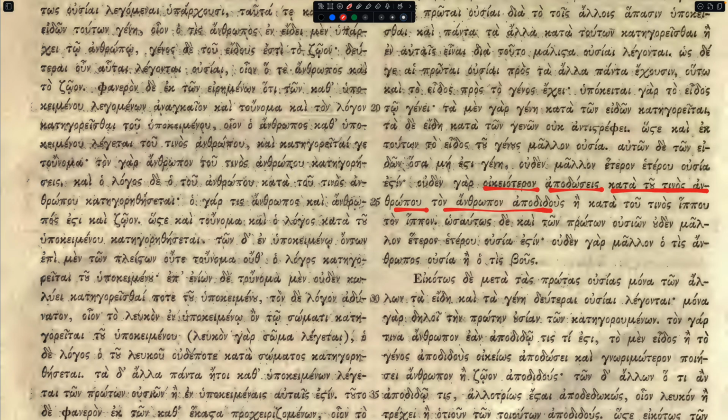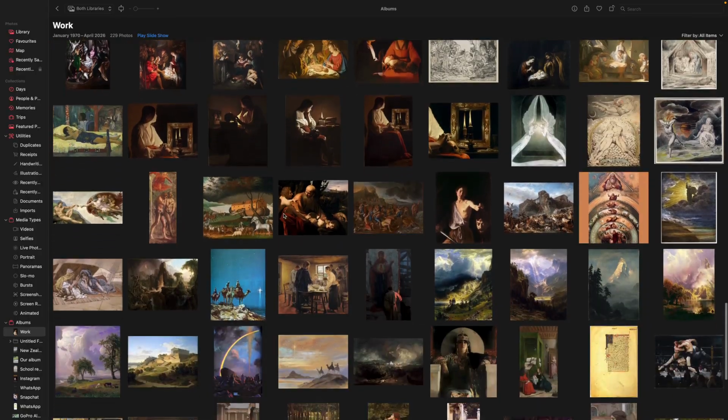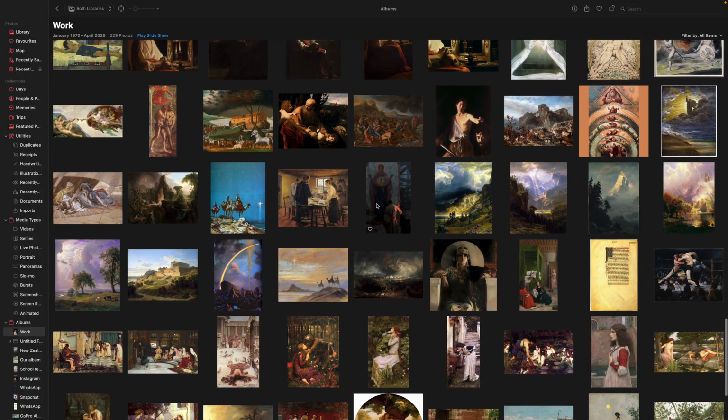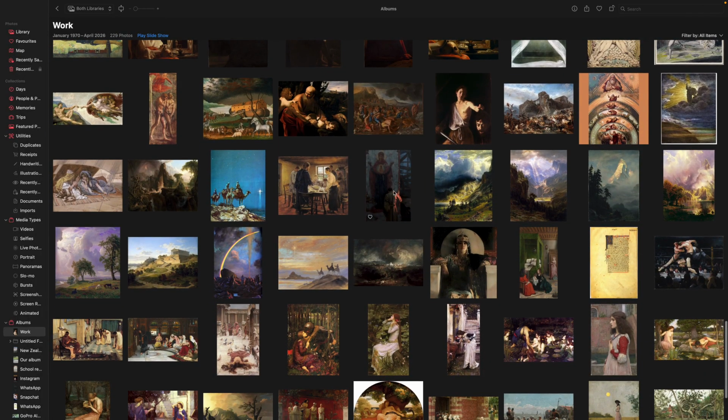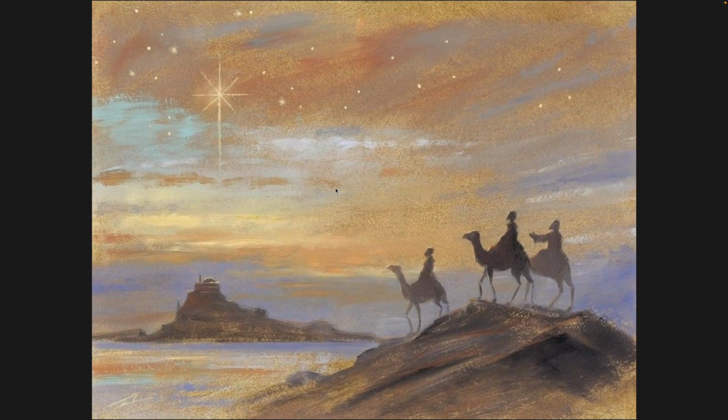But if you have a particular man and a horse, let me get a picture of a man and a horse. Man and a horse, man and camel will do. All right, I'm going to combine the last two sentences that we just looked at. This man is not more substance than this camel, and this camel is not more substance than this man.